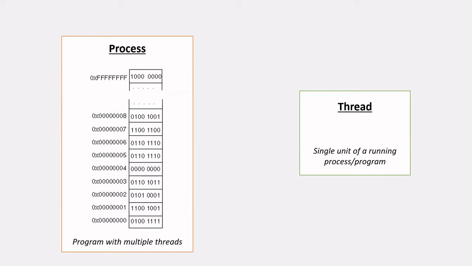Actually this thread comes inside a process. So each process will have a certain set of memory spaces and resources that are allocated to that particular program. So different processes will have different resources that they use.